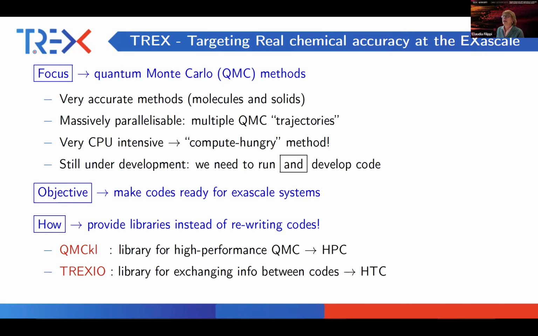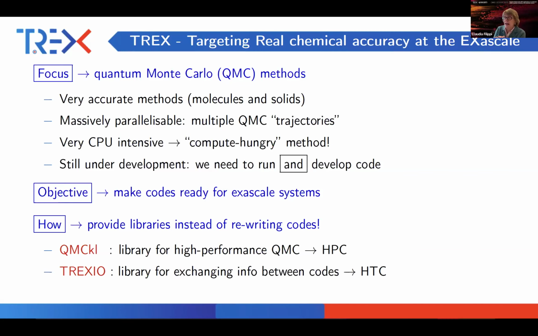For TREX, which stands for Targeting Real Chemical Accuracy at the EXascale, the focus is on Quantum Monte Carlo methods. As you're going to hear later, these are very accurate methods that can be used for condensed systems, also for molecular systems. They're massively parallelizable. You can think about Monte Carlo, even though it's quantum, it has a lot of trajectories, so you can relatively easily parallelize.